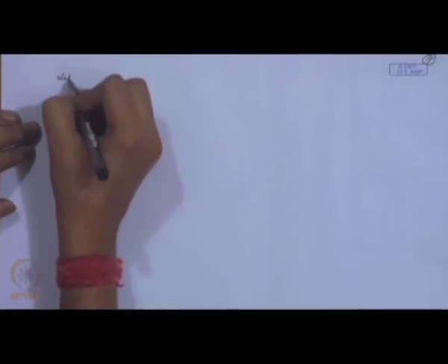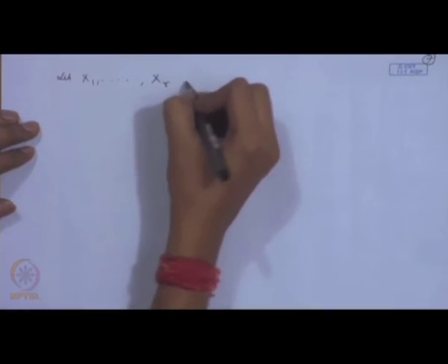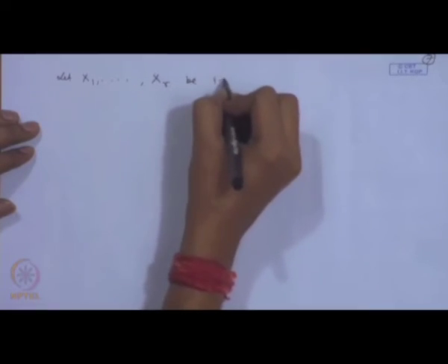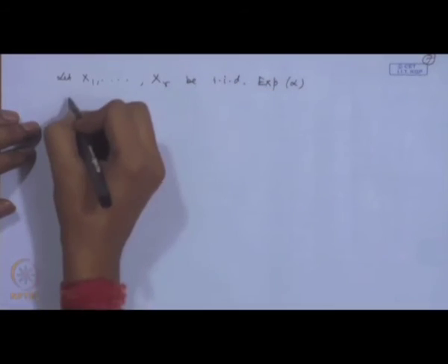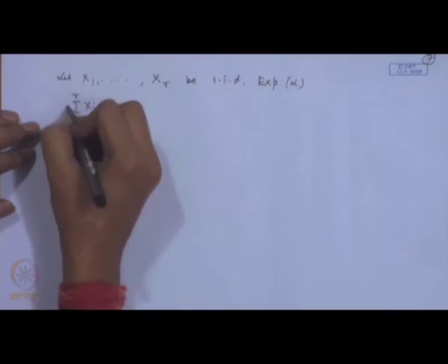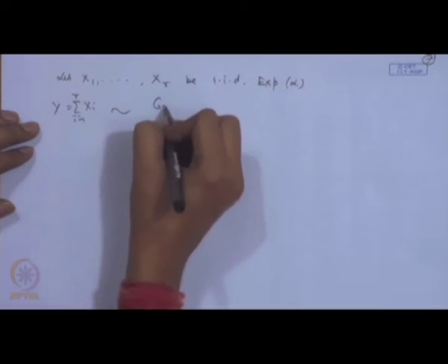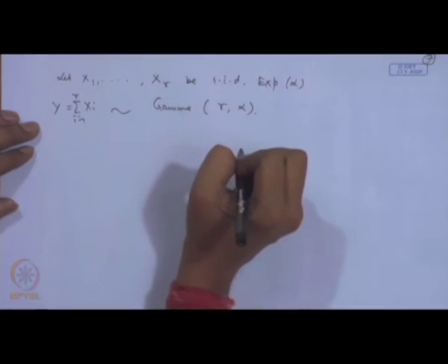Let me write this additive property: let x1, x2, ..., xr be IID exponential alpha variables, then sigma xi, i equal to 1 to r, that is equal to y, will follow a gamma distribution with parameters r and alpha.